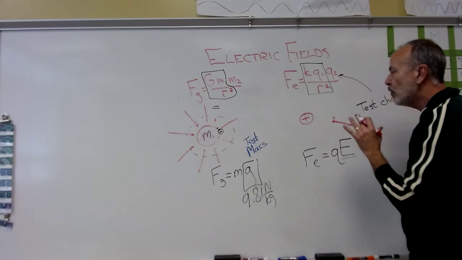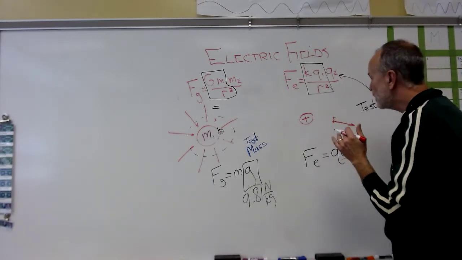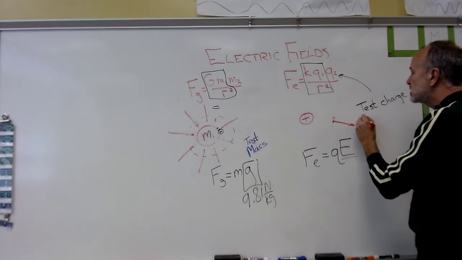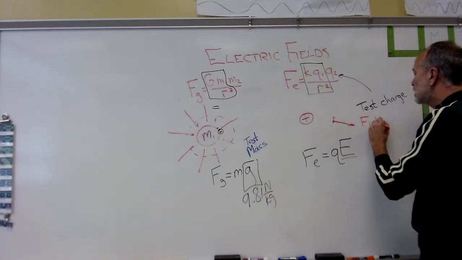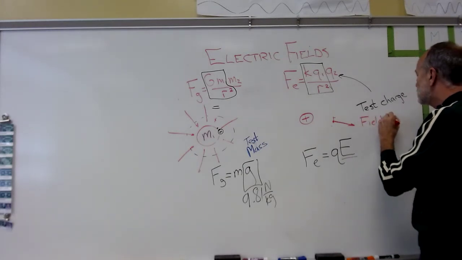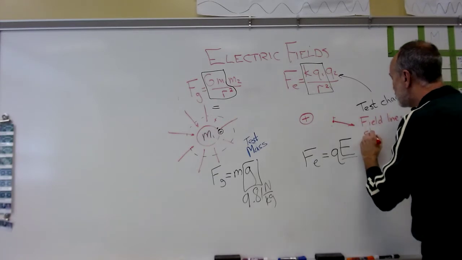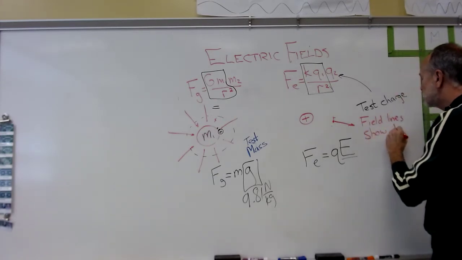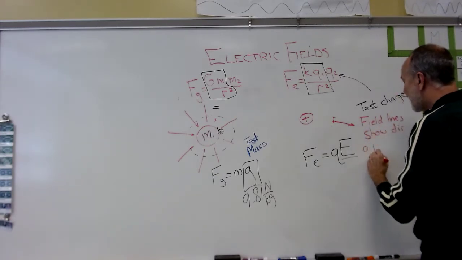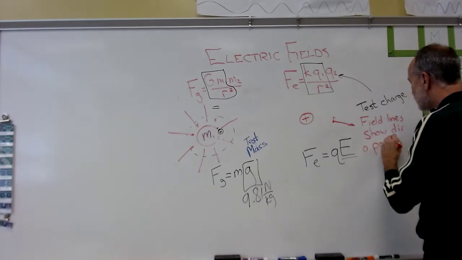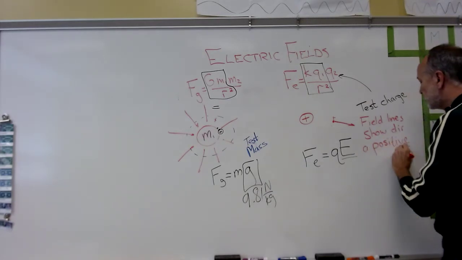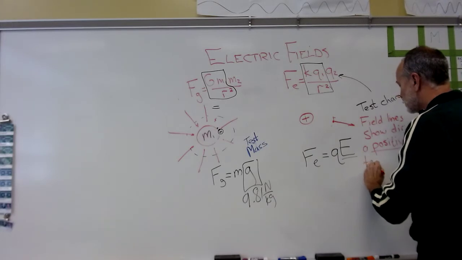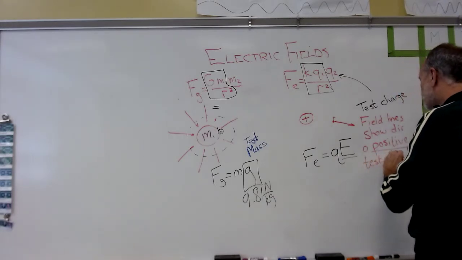Okay, so one of the things you need to understand, a very, very important thing, is the field lines show the direction a positive test charge would experience a force.